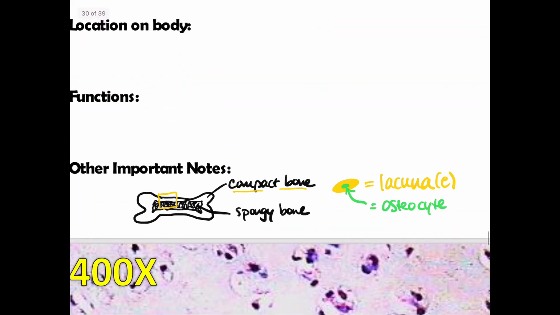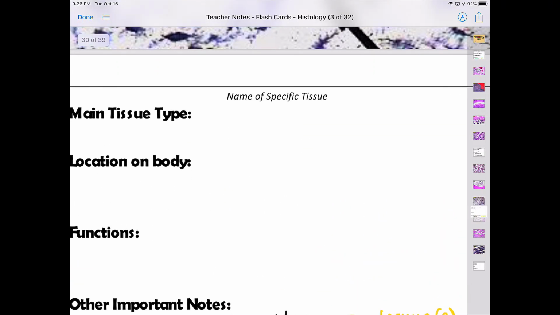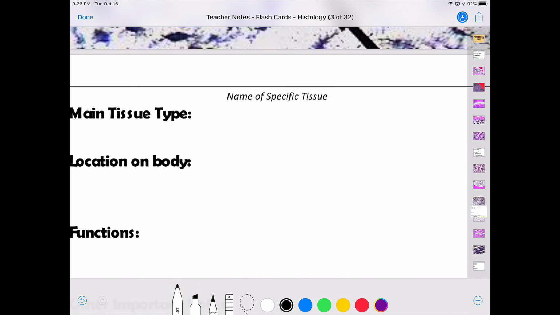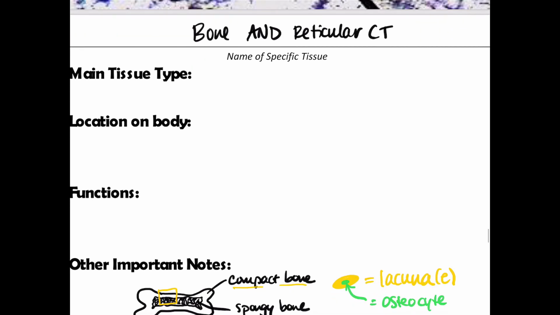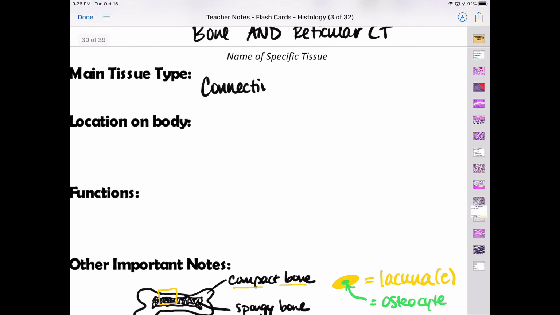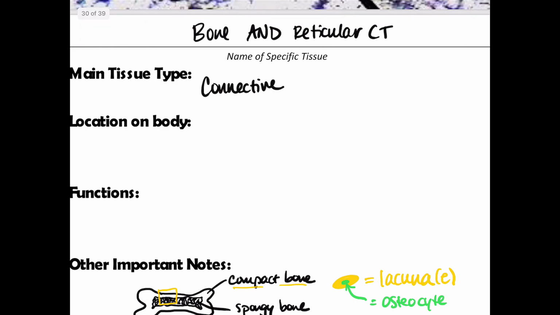So let's write a couple other things down on the back of our flashcard and we'll be done with bone. The name of the specific tissue is bone and reticular connective tissue. So both. The main tissue type, again, is connective. Location on the body.